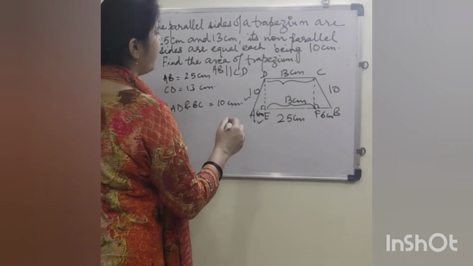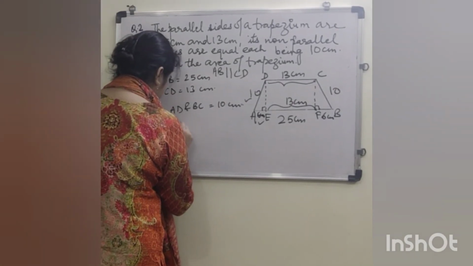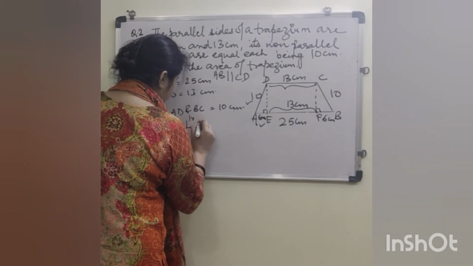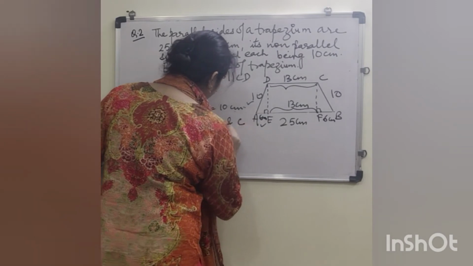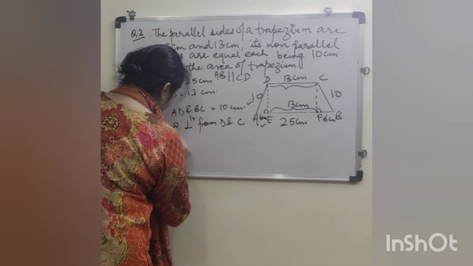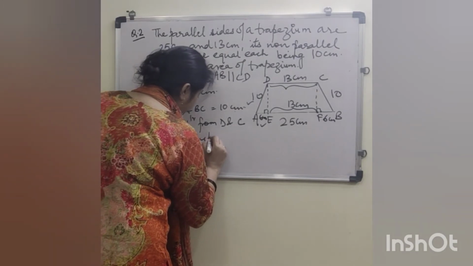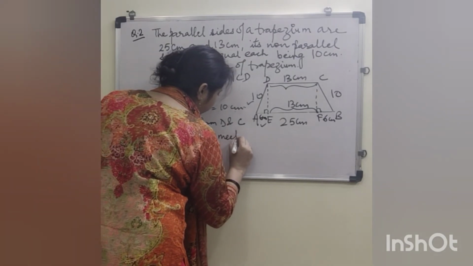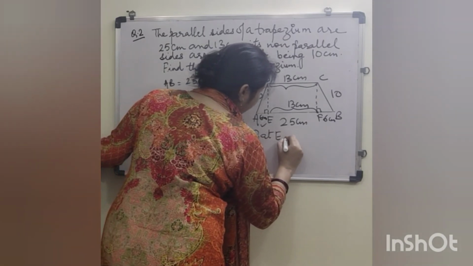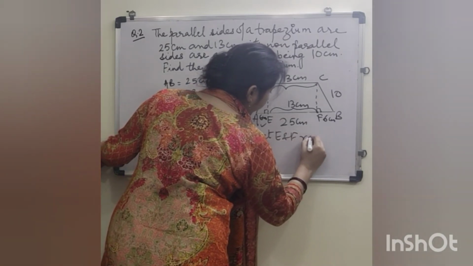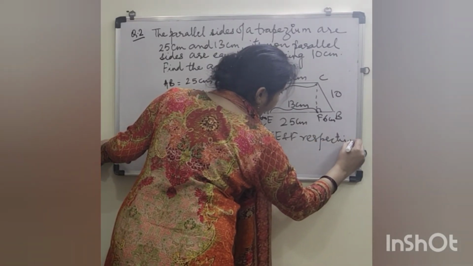Now what we have drawn? Draw perpendiculars from D and C to AB, which meet AB at E and F respectively. Fine.